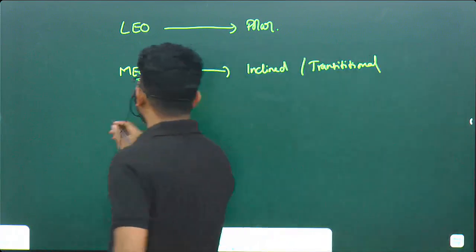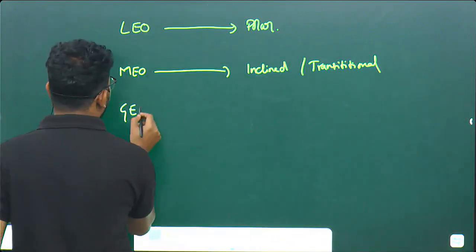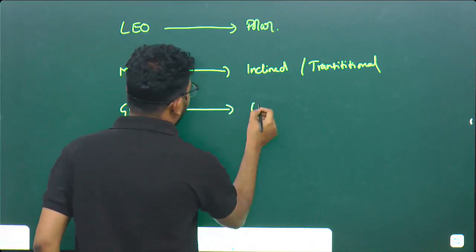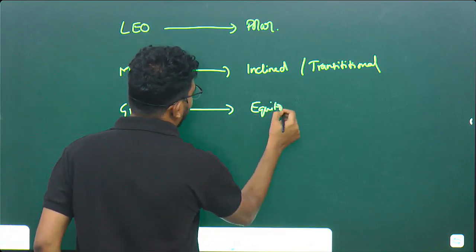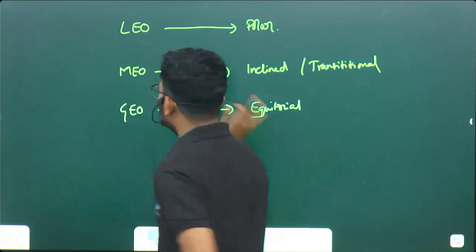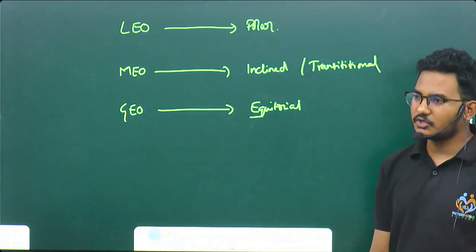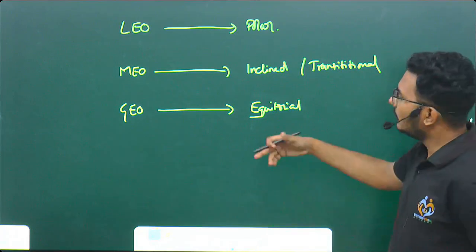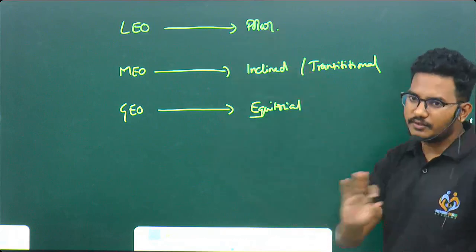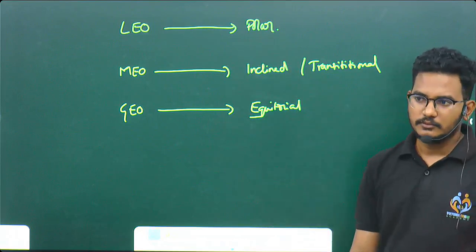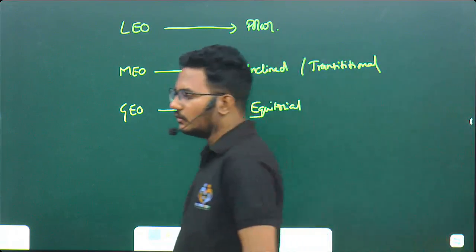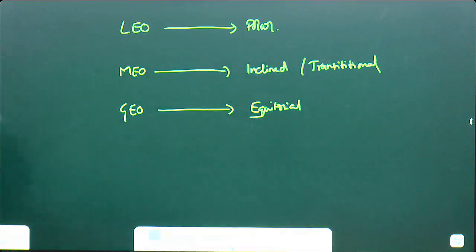And then geo, equatorial. Slowly you'll get to know everything about these applications: which satellite will come under which orbit, and which region it will cover. We are starting with basics, so wait for some time. You'll get to know everything.